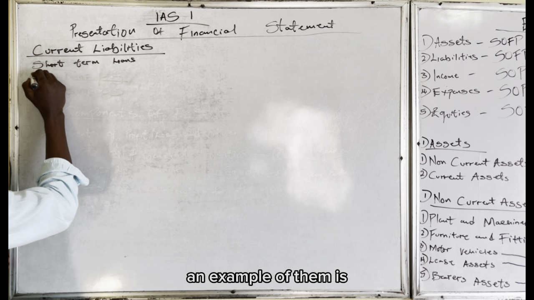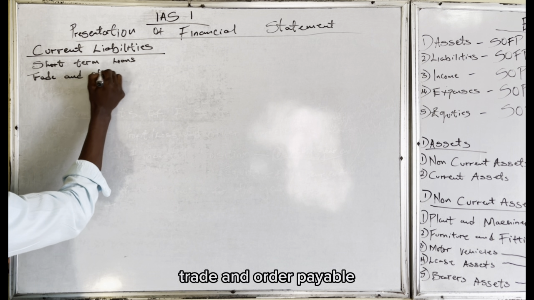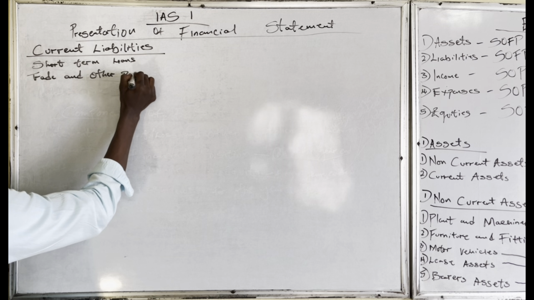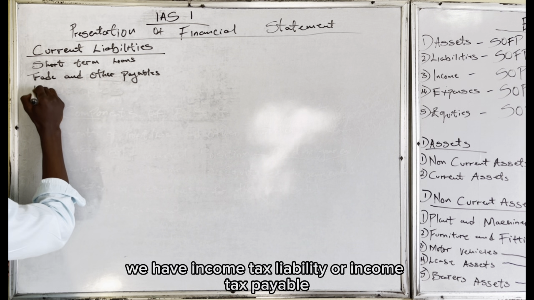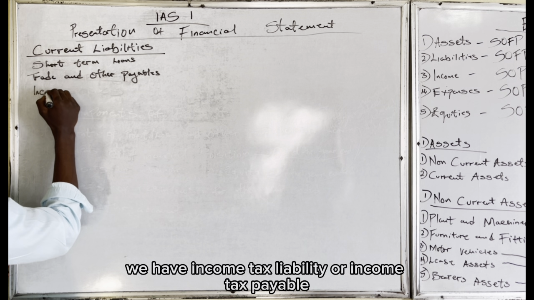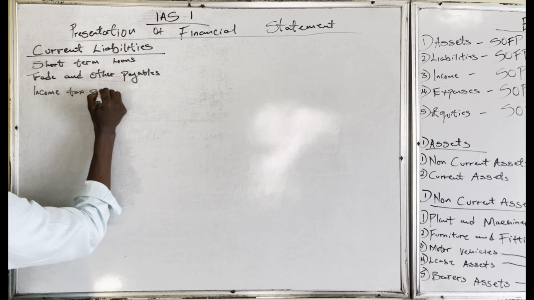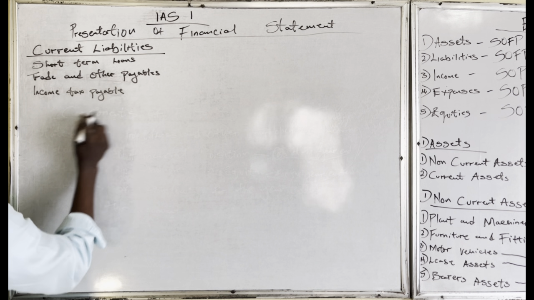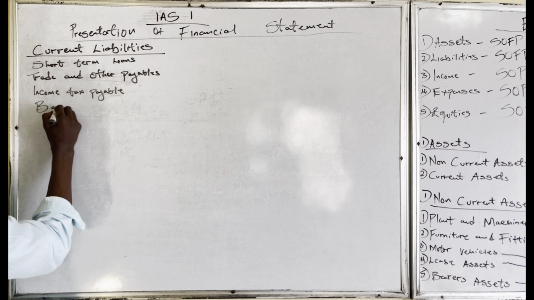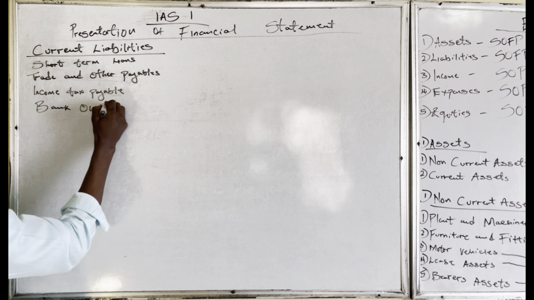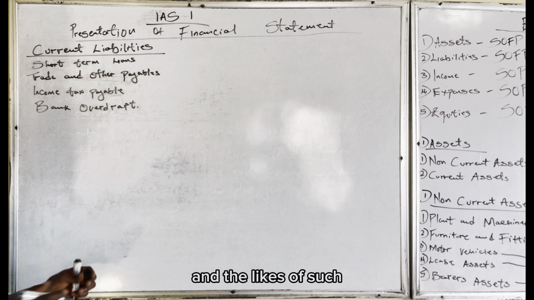An example of them is trade and other payables. We have income tax liability or income tax payable. Then bank overdraft, and the likes of such.